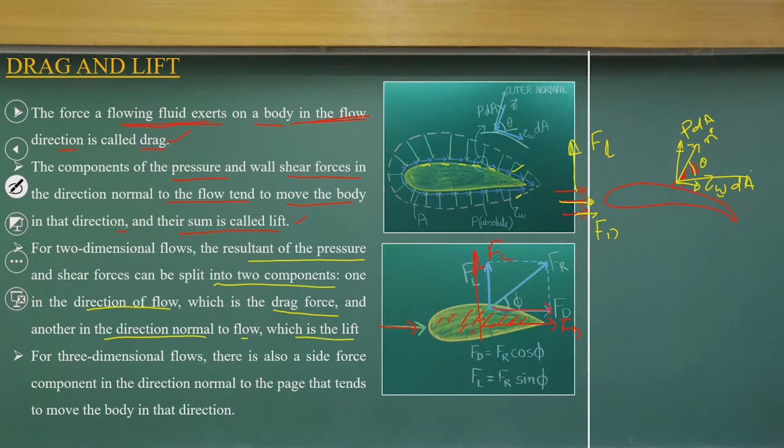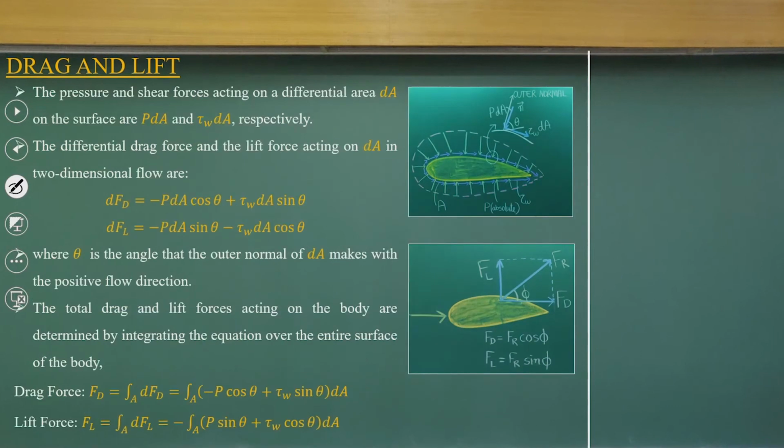That is what I am repeatedly saying. But generally we have three dimensional structures, where there is a side force component also, normal to the page, normal to this blackboard, to move the body in that direction. Anyway, we are not discussing how three dimensional flow happens in this course curriculum.